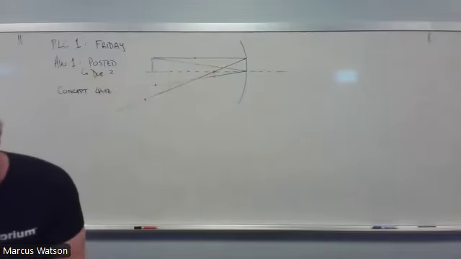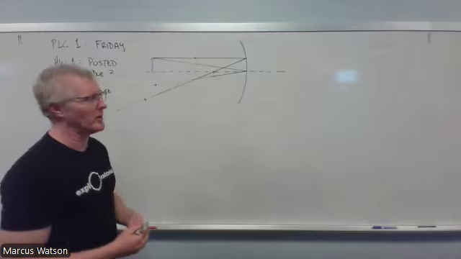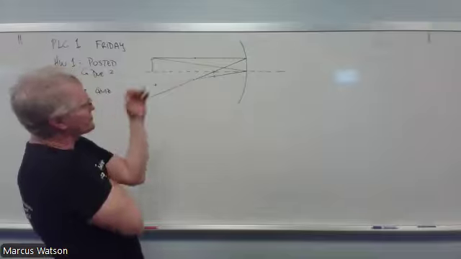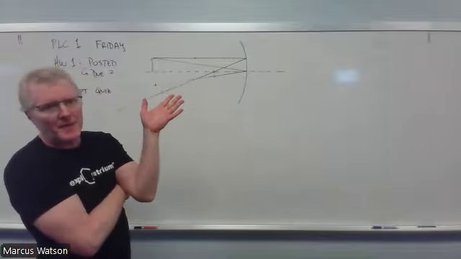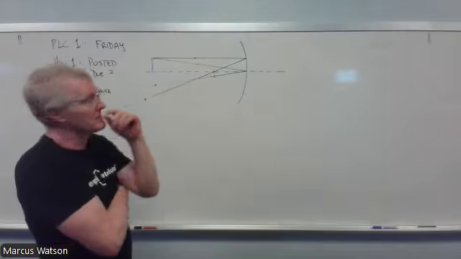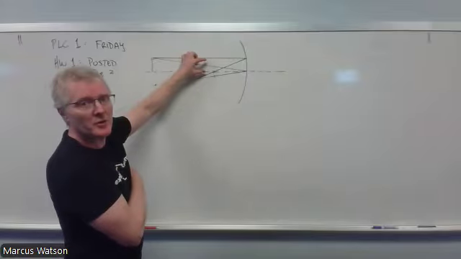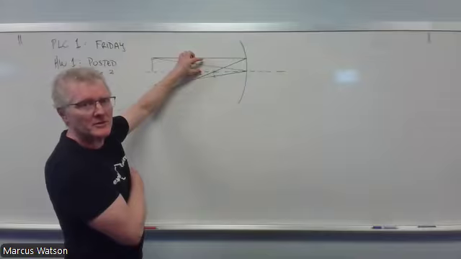Okay. I mentioned before we love ray 1. Why do we love ray 1? Examine what happens when I move the object around. How does ray 1 change? If I take the object and scoot it way in here close to the focal point, what's different about ray 1? Answer, nothing.